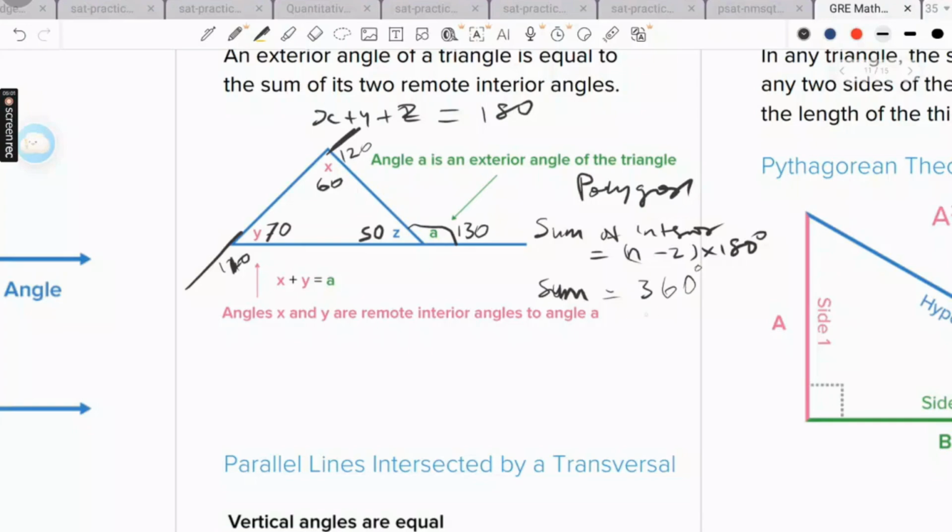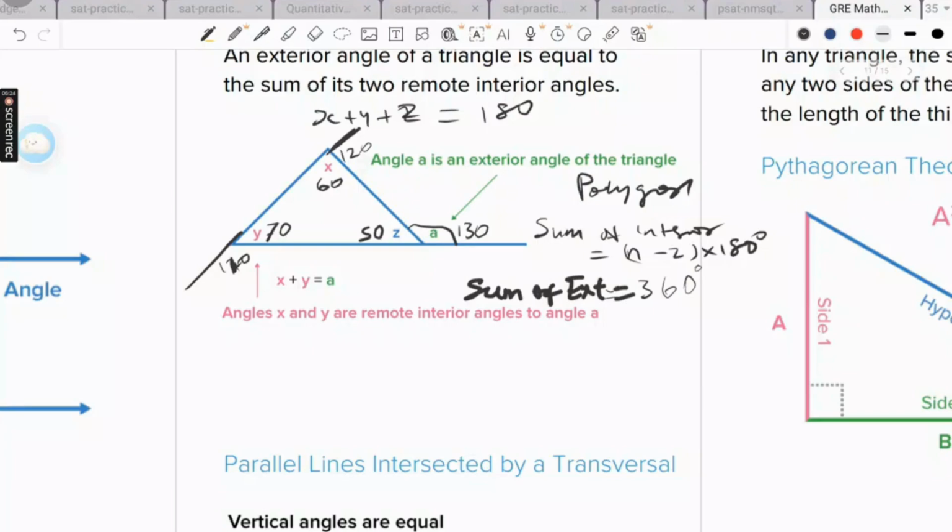Oh, you see my mistake. I didn't complete what I just wrote. I said sum, I vocalized it, but did not write it properly. Sum of exterior angles equals 360 degrees.